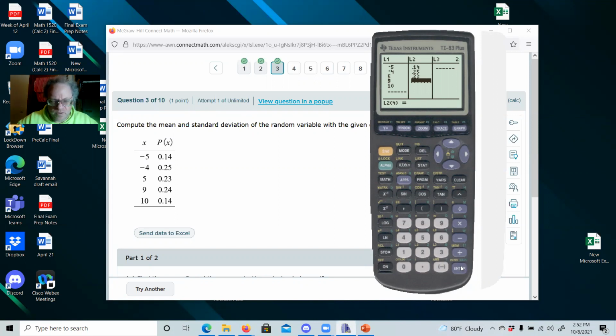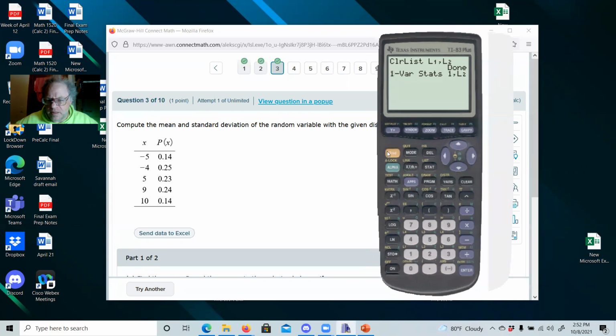I don't know if this works for every one of these kinds of calculators. It should work for an 84, but I hope it works for an 83. Stat, calc, one variable stats, list 1, weighted by list 2. Oh, that's not going to like that. Second function, list 1, comma, list 2.